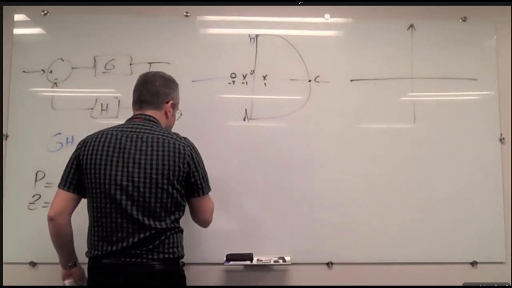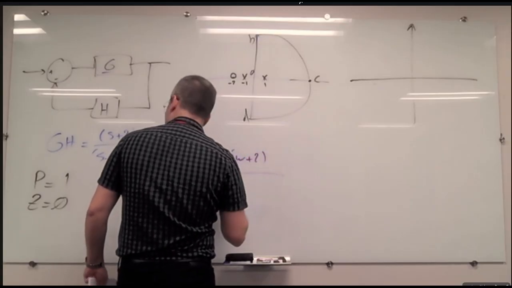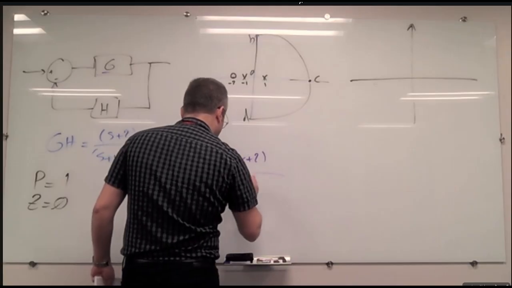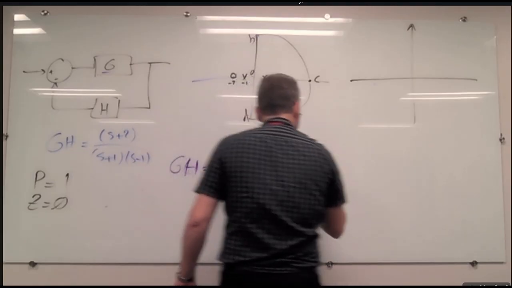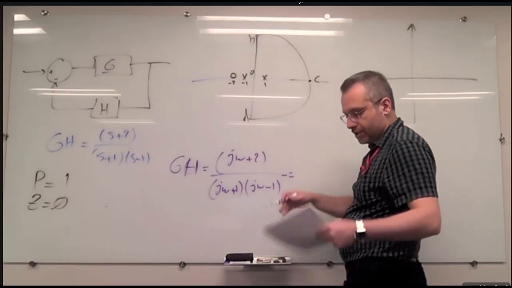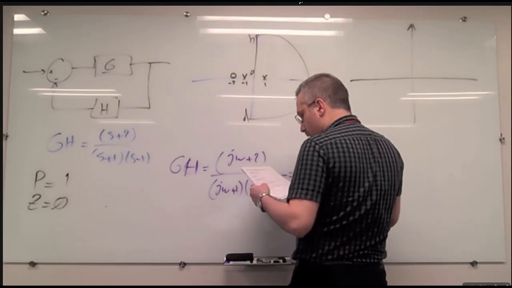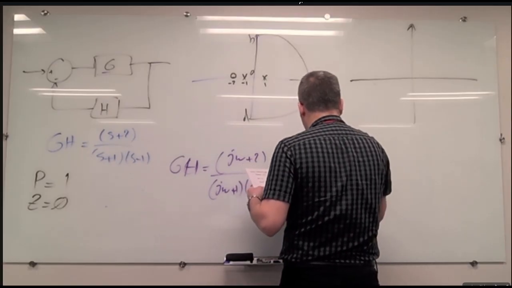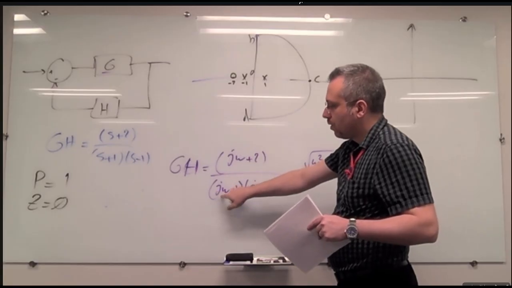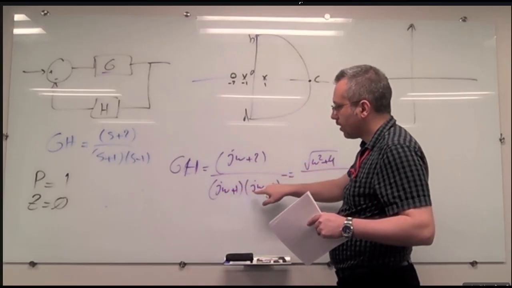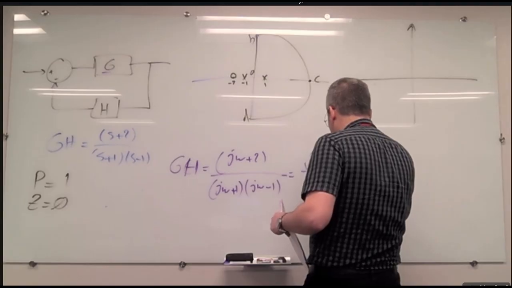So GH at j omega is going to be j omega plus 2 over j omega plus 1 times j omega minus 1, which means in a phasor system, the amplitude is going to be the square root of omega squared plus 4 over the square root of omega squared plus 1, again a square root of omega squared plus 1.